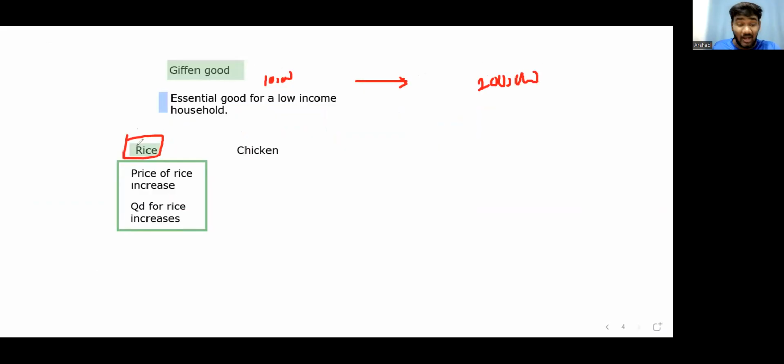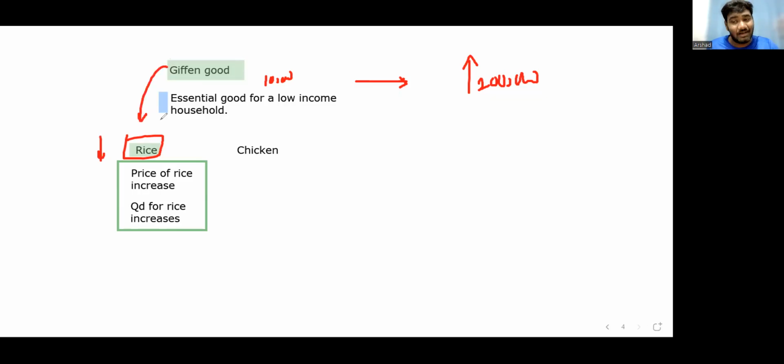Do you think they will buy more rice with dal? No, right? They might start eating biryani now. So the demand will actually go down. When income went up, demand goes down. So this is also a type of inferior good.